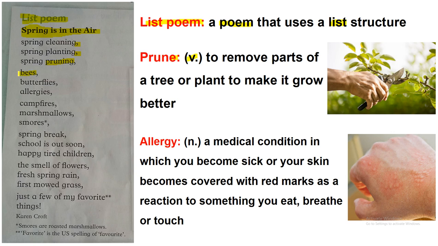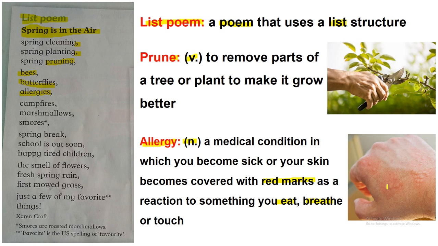After that, we have bees, butterflies, and allergies. Of course, during the springtime, we can find many bees, many butterflies, and allergies. What is the meaning of allergies or allergy? Allergy is a noun, means a medical condition in which you become sick or your skin becomes covered with red marks as a reaction to something you eat, breathe, or touch.